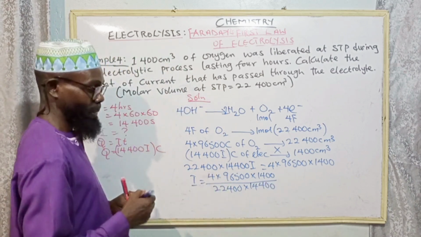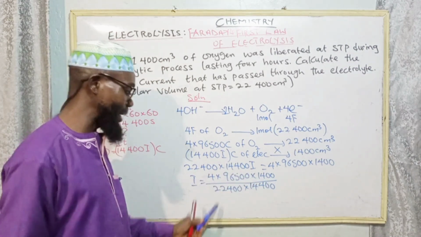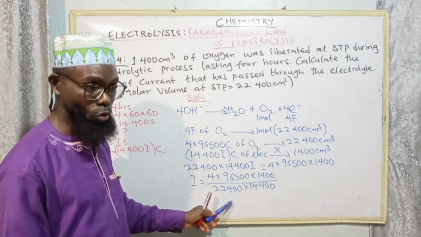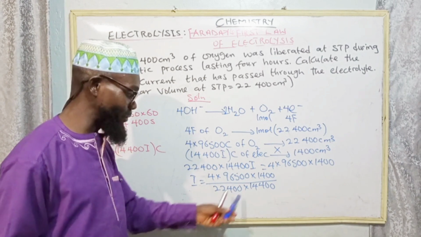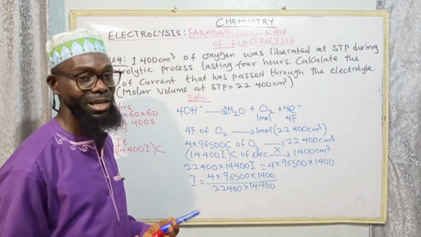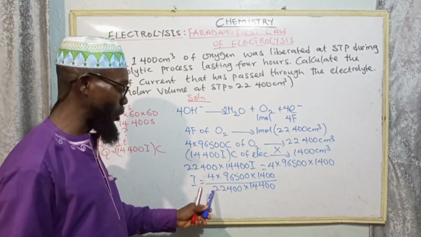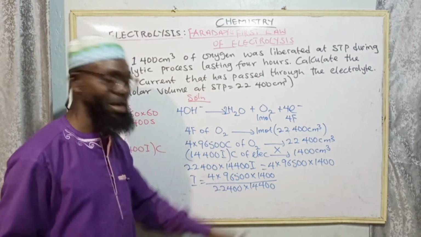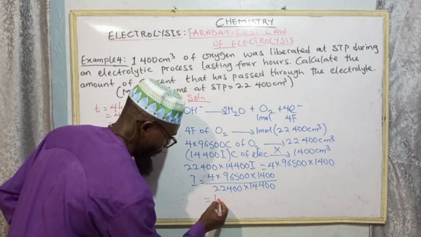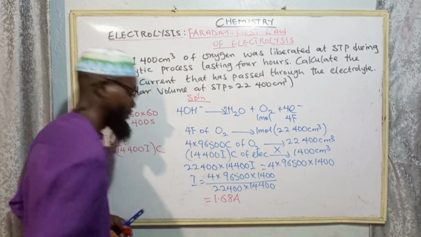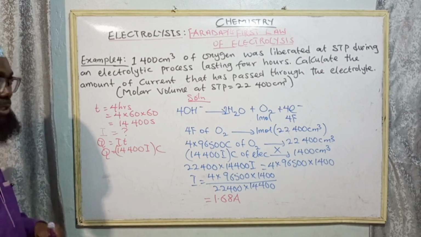And if you want to press this, after you press the numerator, 4 times 96500 times 1,400, you divide by 22,400, press equals, then divide again by 14,400, press equals to get your final answer. Because if you multiply it, you're going to get a wrong answer, higher than normal. Or you multiply the numerator, then divide by, open your brackets, put this in the bracket, close the bracket, and press equals. So what do we have? Here we have 1.68 amperes. So this is how to go about Faraday's first law of electrolysis.